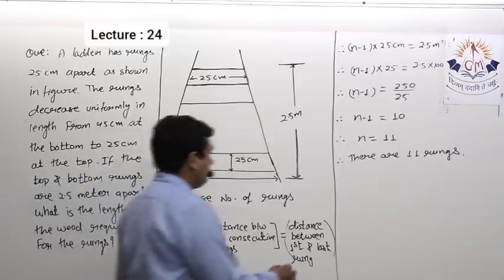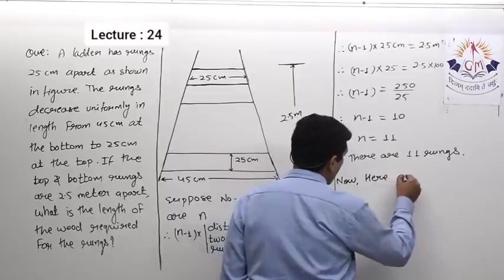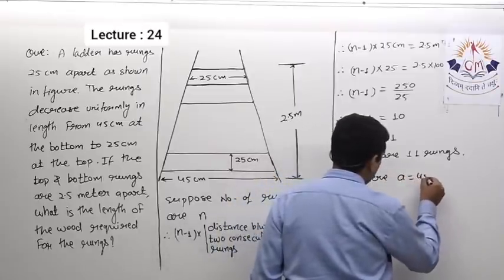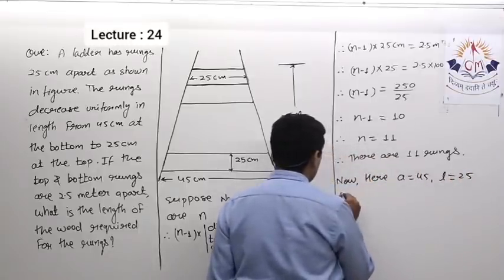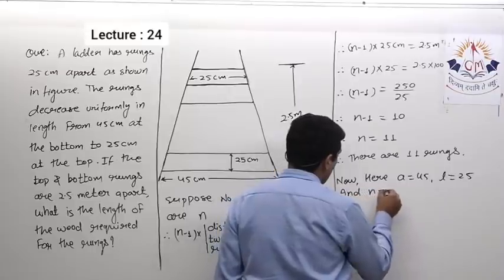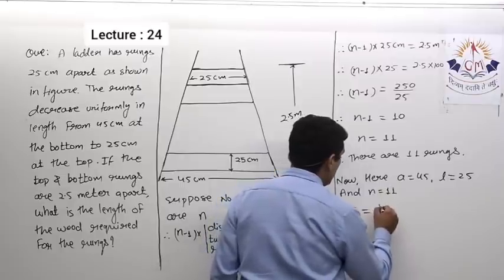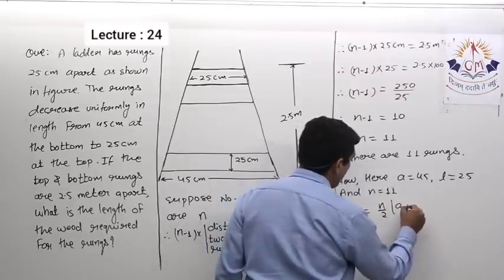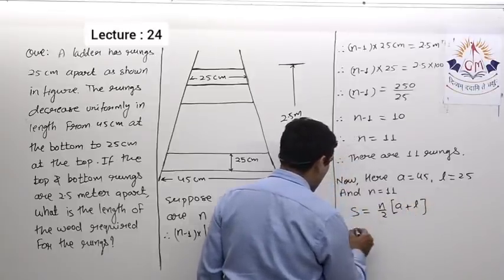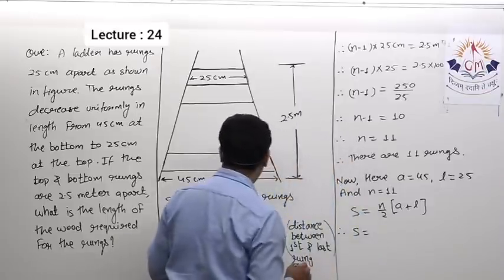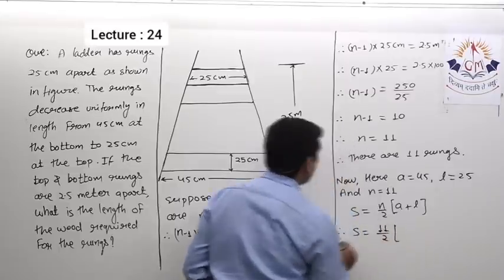Now here a is equal to 45, l is equal to 25, all in centimeters, and n is equal to 11. Therefore S is equal to n by 2 (a plus l). So S is equal to, what is n? n is the number of rungs, that is 11 by 2. Now what is a?